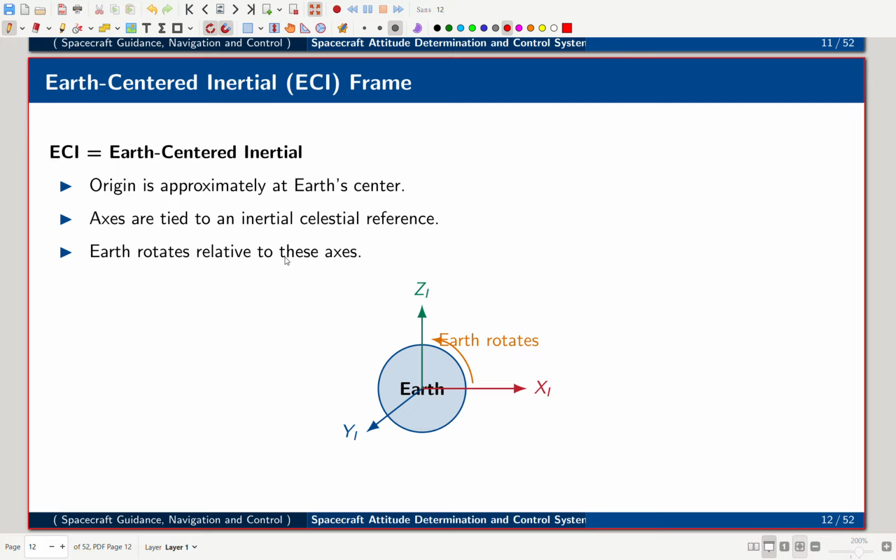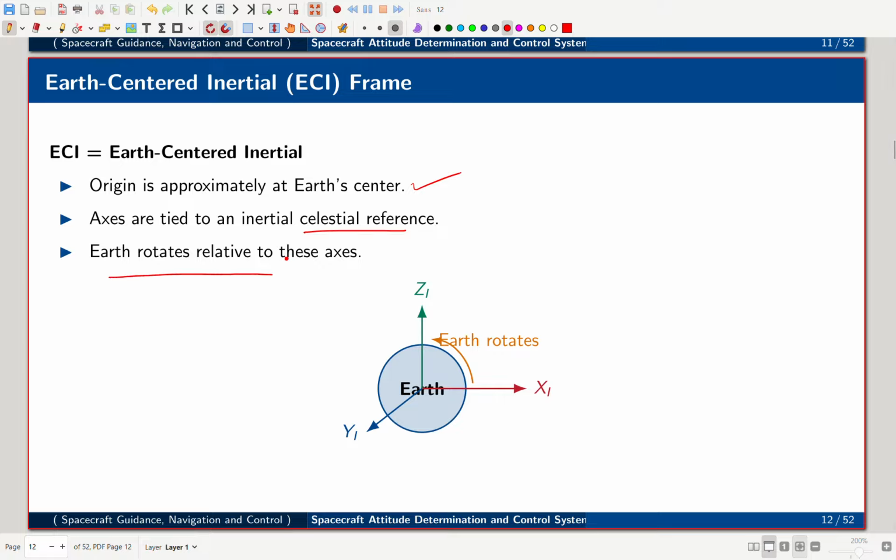So the second one is the Earth center inertial frame, ECI. The origin is approximately at the Earth center. We consider the origin as the Earth center, and the axes are tied to an inertial celestial reference.